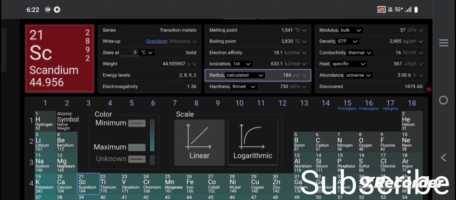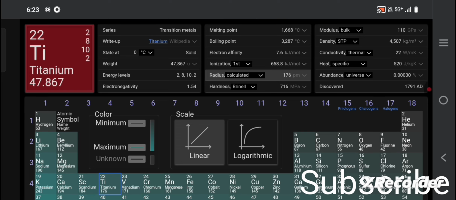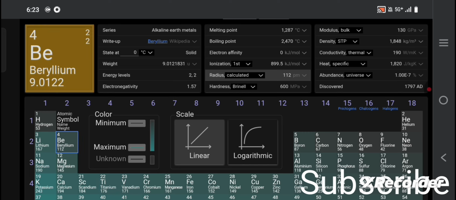Except for the noble gases, usually the atomic radius is referred to as the covalent radius for the non-metals. If you take the non-metals, they will say covalent radius, whereas if you take the metals, like the alkaline earth metal I have chosen, the radius will be a metallic radius.